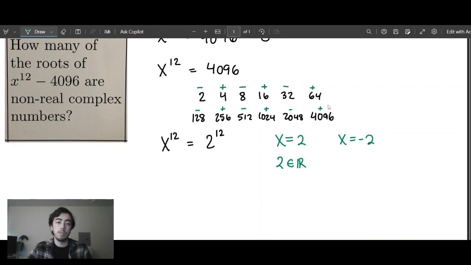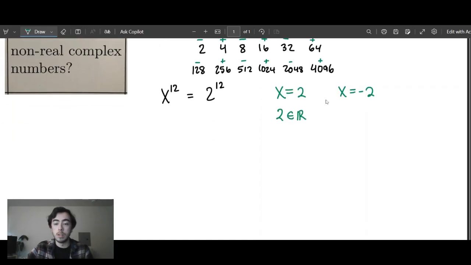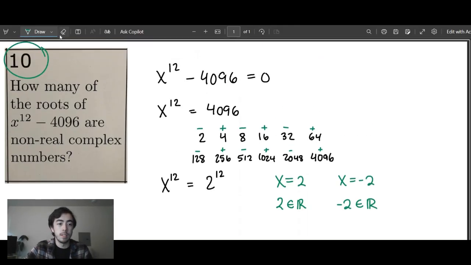And so once I reach 4,096, it'll be positive again. And so negative 2 also would work just fine in this equation right here. Negative 2 also is a number between negative infinity and infinity, and so negative 2 is an element of the real numbers. It does not count toward these 10 complex roots that I have.